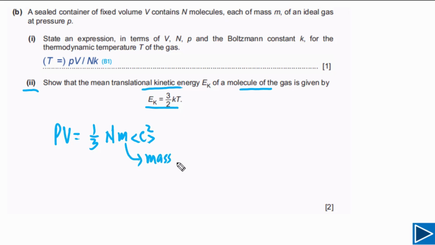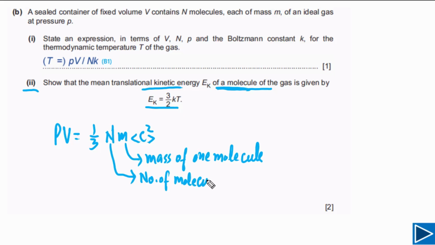So this is mass of one molecule. You have to be very clear about this. We are talking about kinetic energy of a molecule, mean single molecule. N is the total number of molecules. So simply we can say N is number of molecules in the gas. So this is number of molecules in a sample.